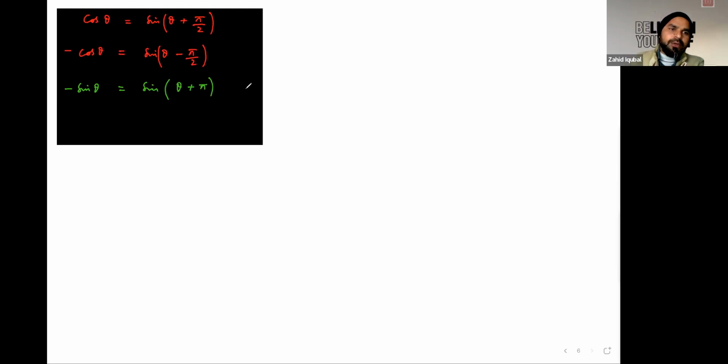In this entire process, we have to convert the whole thing into plus sine theta form. So you may use these different formulas to convert from one form to another.